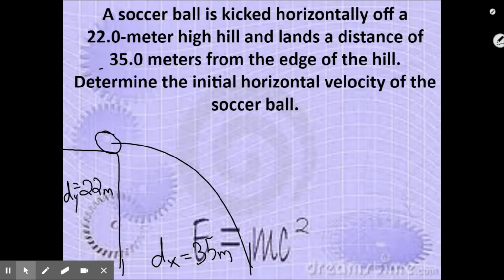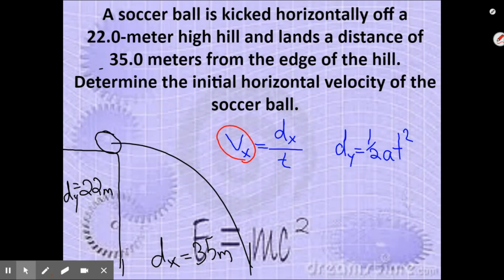So if we write down those two equations from earlier, so we said vx equals dx over t, and we've also got dy equals 1/2 at squared. These are what we're going to use. So we'll plug in what we do know already. We're looking for this ultimately. So vx equals, we know dx is 35.